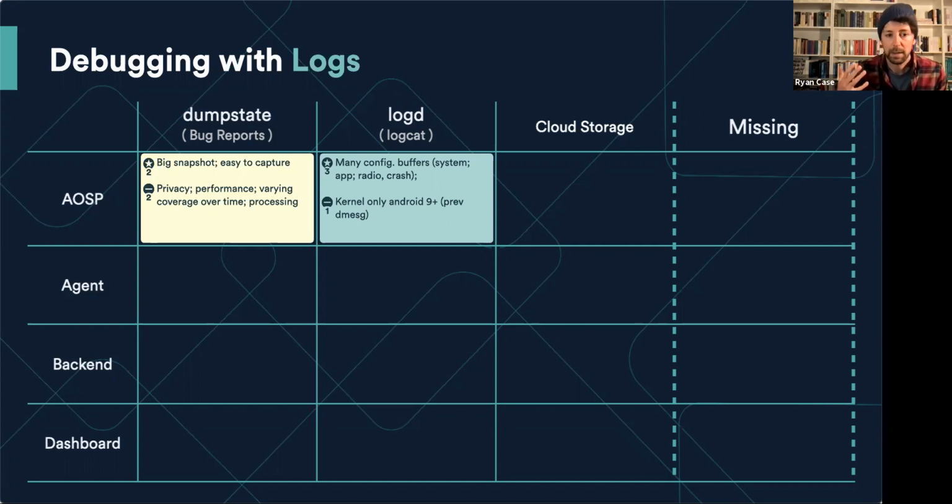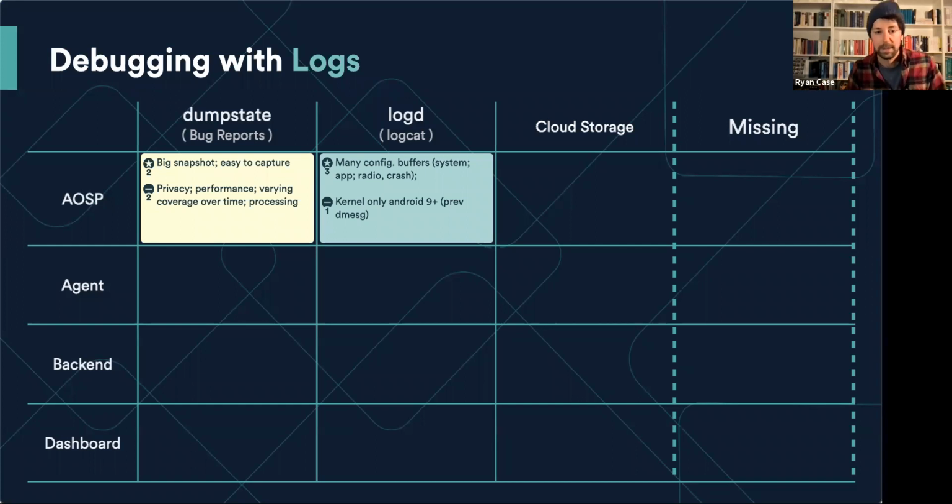One other thing I'll call out, not to talk too much about logd, but because it is such an important piece of the puzzle: kernel logs. Prior to Android 9, we'd capture those through dmesg. Kernel logs are super important for low-level issues that might be happening on the device.